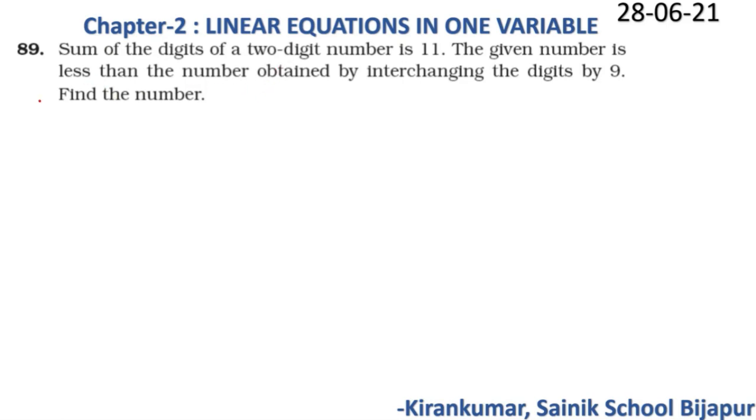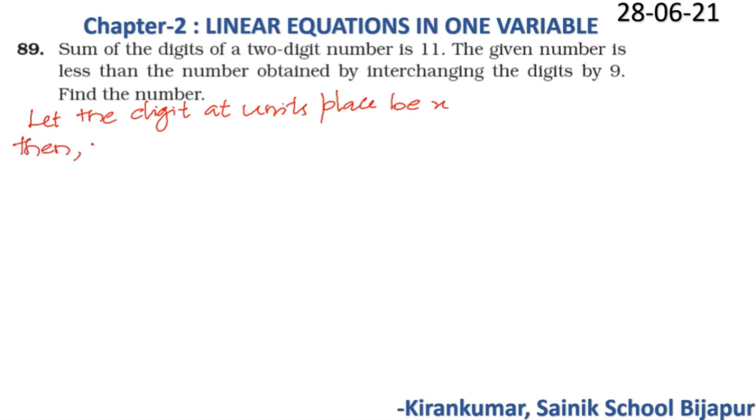Here, if I consider the digit at the units place to be x, then the digit at the tens place will be 11 minus x. The reason is the sum of the digits is 11.